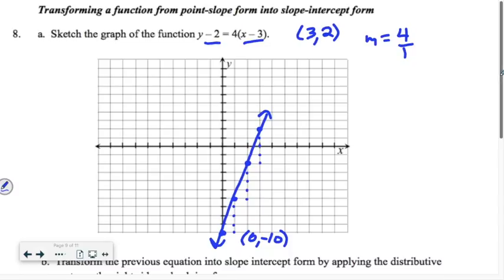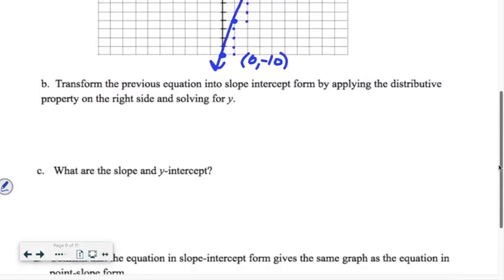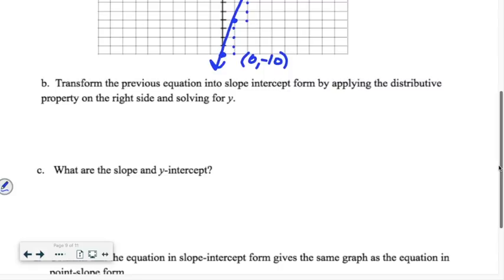So now I want to take my point-slope form. I'm going to transform it into slope-intercept form by applying the distributive property on the right side and solving for y. So we start with y minus 2 is equal to 4 times x minus 3. Distribute the 4 so I get y minus 2 is equal to 4x minus 12.